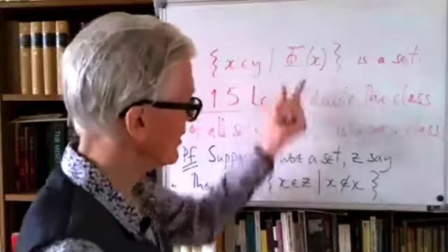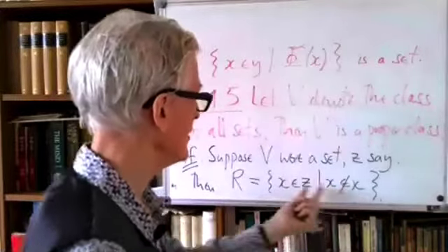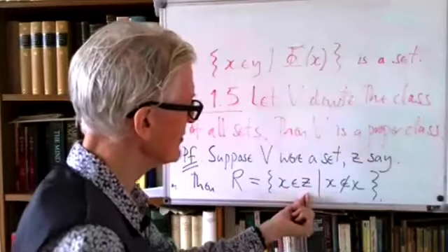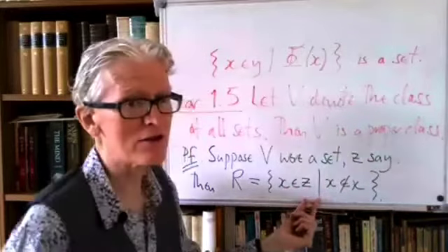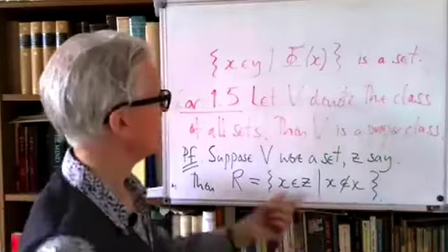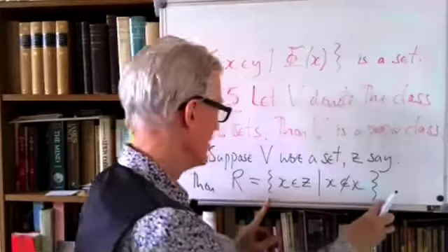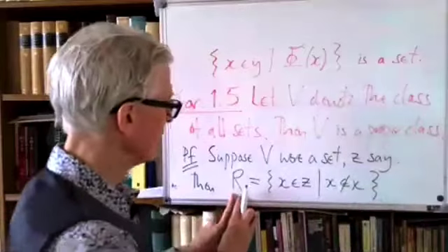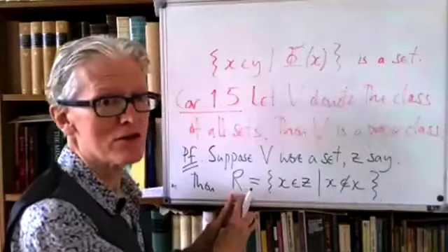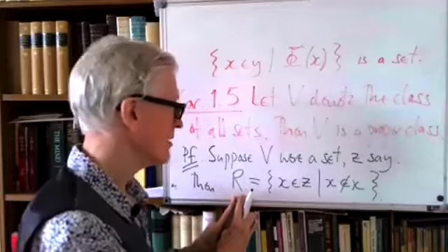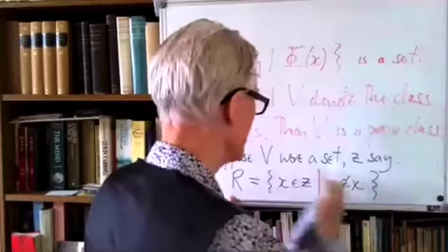So here is a well-defined property phi, and I'm restricting it to the elements of this set Z. By the axiom of subsets, this is a set. But we've just proven in the previous theorem that R is not a set. Okay, so this will be a contradiction.